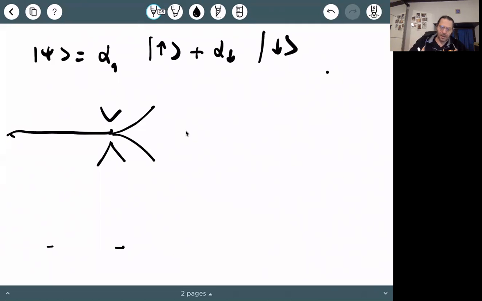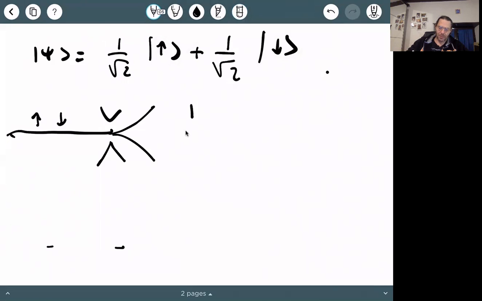So in particular, if my initial state is completely democratic, so we have equal probability of being up and down, then I can take this to be 1 over root 2 and 1 over root 2.